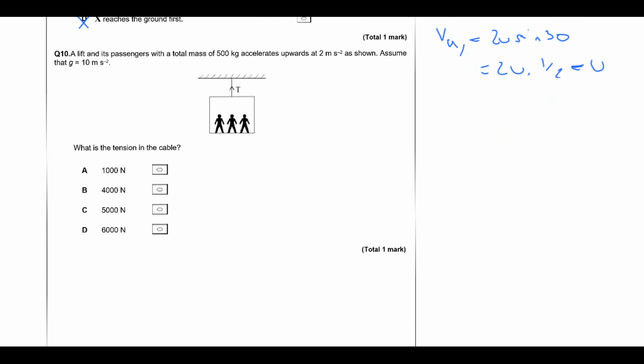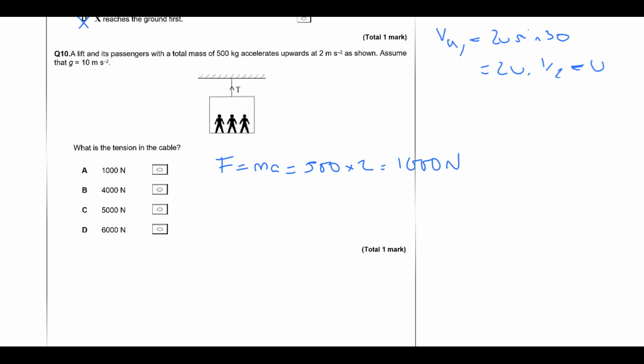Okay, so we've got a lift with mass 500 kilograms, accelerating at 2 meters per second squared. G is 10. Calculate the tension. First, let's calculate the resultant force, which is 500 times 2, which is equal to 1,000 newtons.